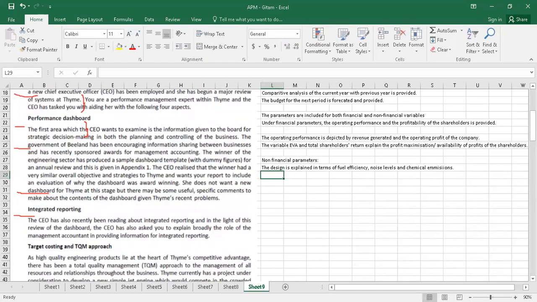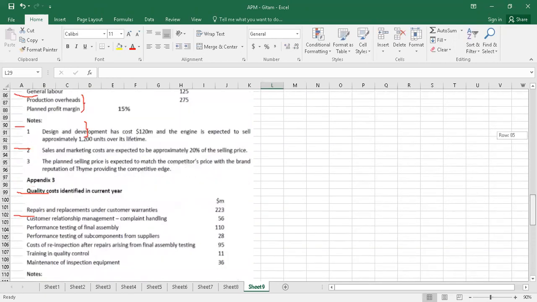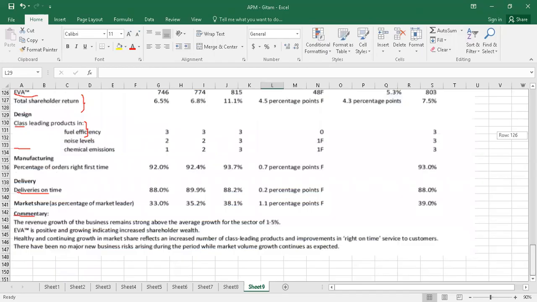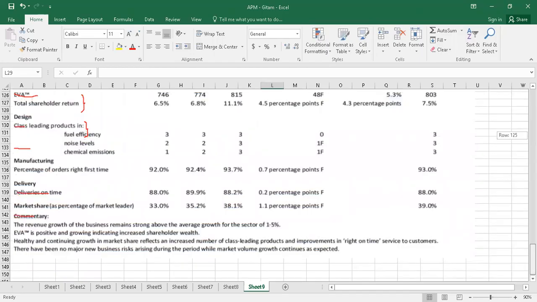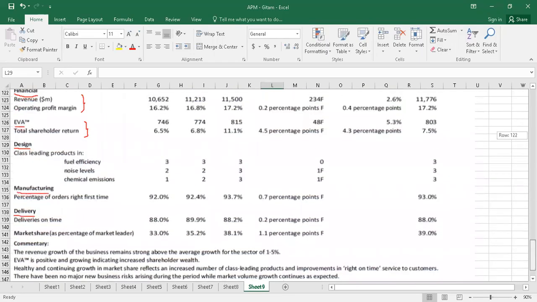Then after the design part, the manufacturing. The manufacturing was about the percentage of orders right first time. The primary objective is satisfying the customers. Are they flexible enough to cater to the requirements, the customization they are taking up? So percentage of orders right first time.